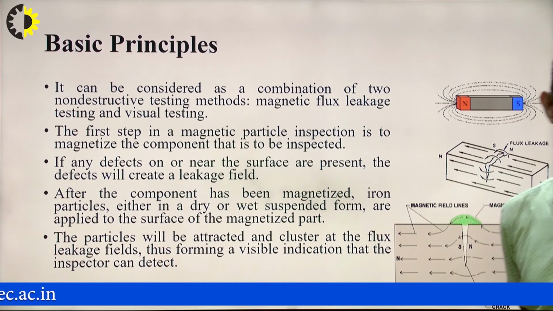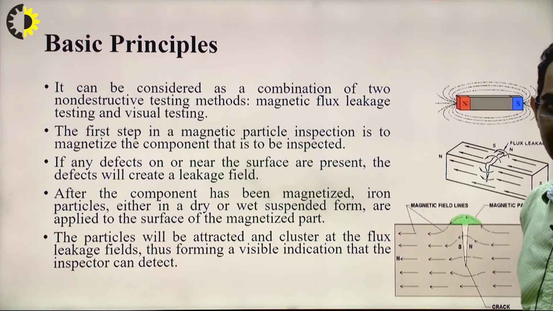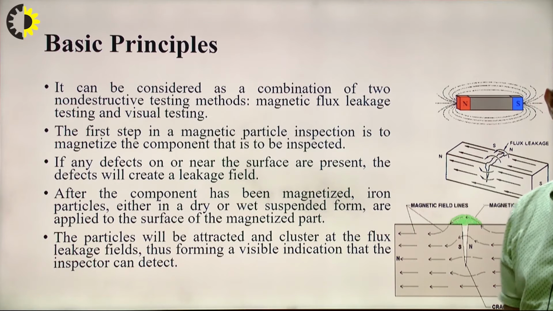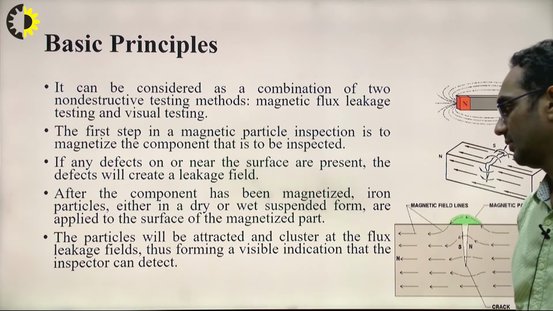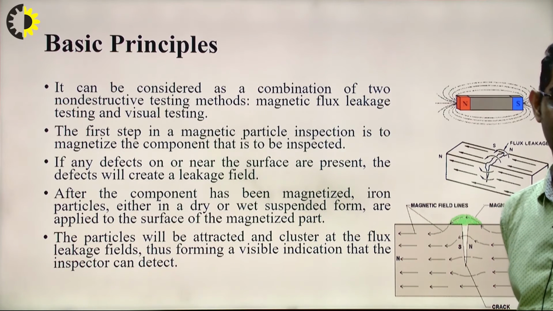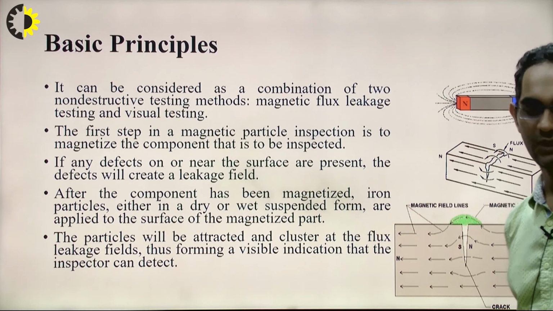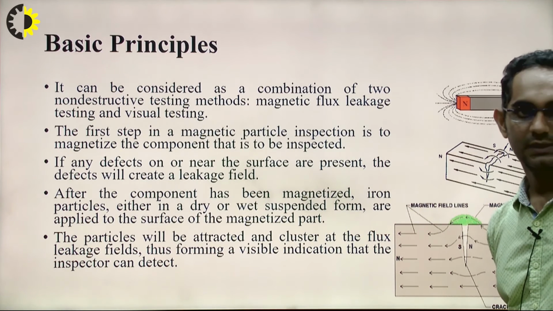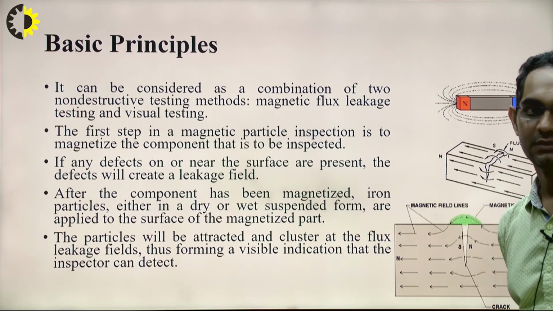The particles will be attracted and cluster at the flux leakage fields, thus forming a visible indication that the inspector can detect. These are the magnetic field lines passing through, and these are the magnetic particles placed over here.